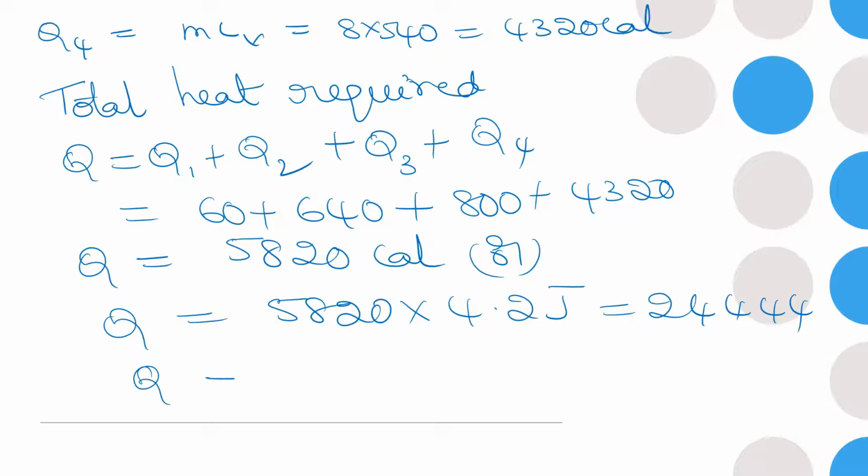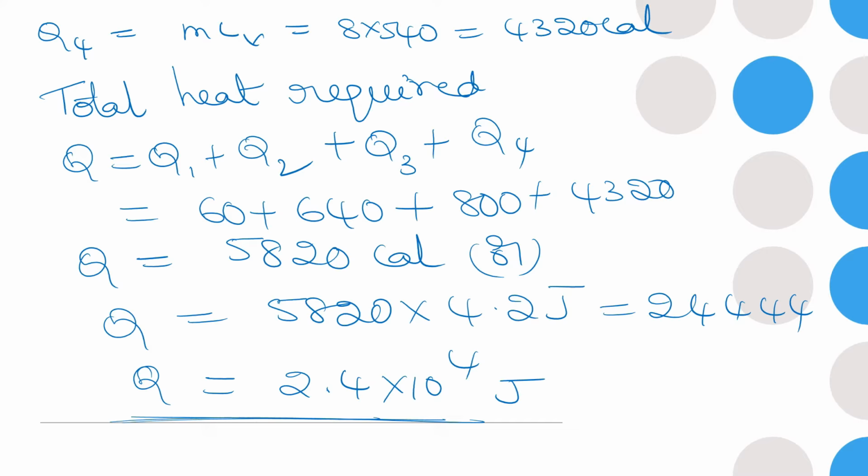This can be written as 2.4 into 10 to the power of 4 joules. So the total heat required Q is equal to 2.4 into 10 to the power of 4 joules.